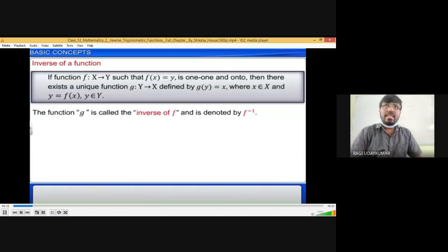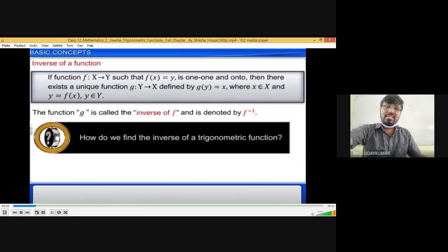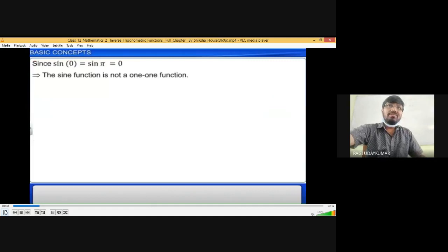Normally sine inverse is different from sine whole inverse. Sine x whole inverse is nothing but 1 by sine x. Sine inverse x is nothing but the inverse function of the given function.